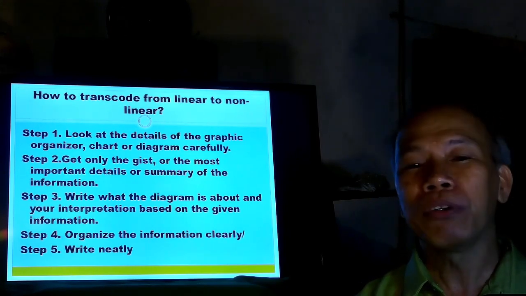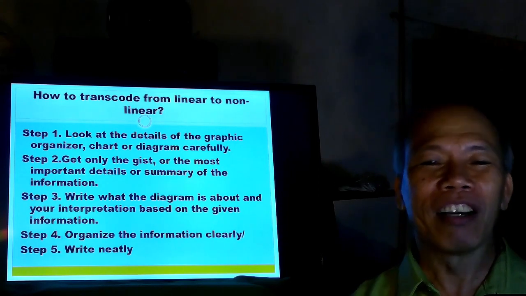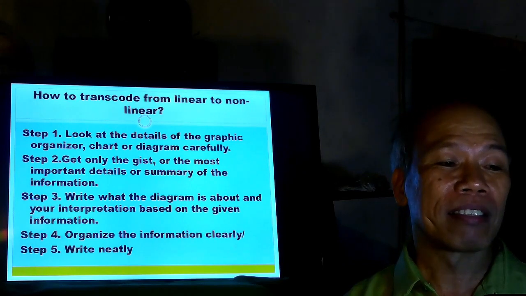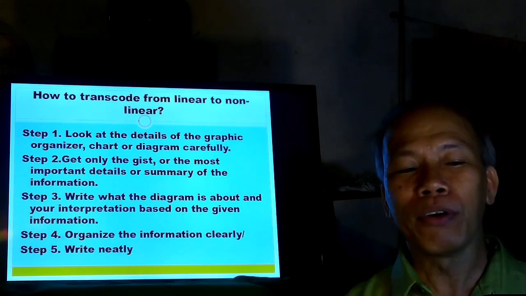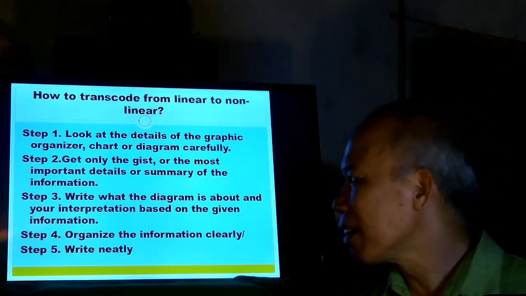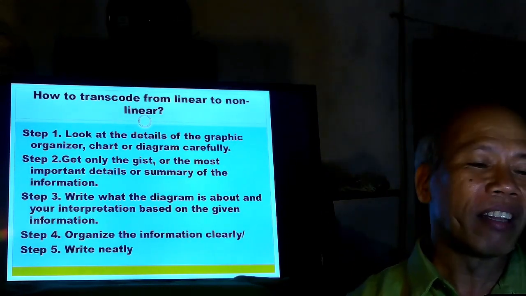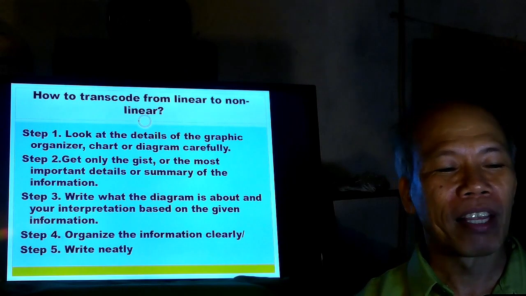Let's go back to this. I presented to you earlier, you are asked what is a summary and how to summarize. So in this way, you have to learn summarizing information, but you must not miss any important detail. So that's it.